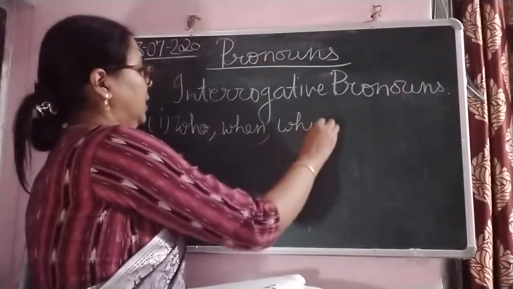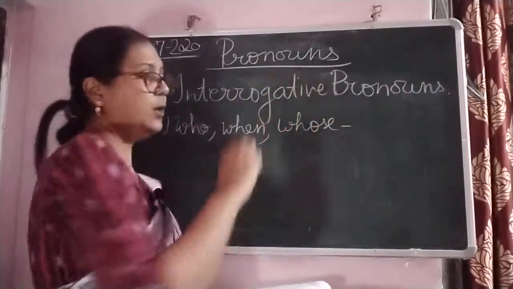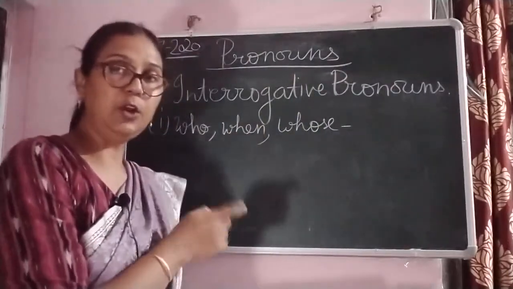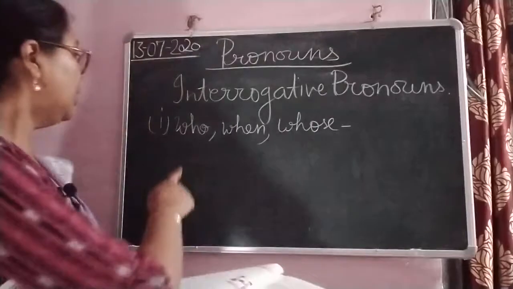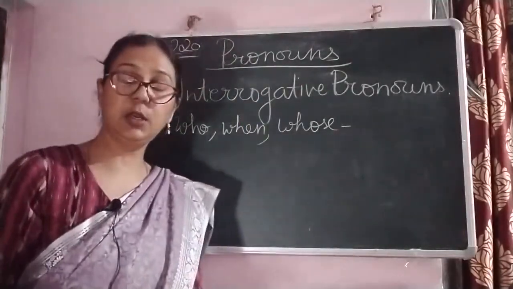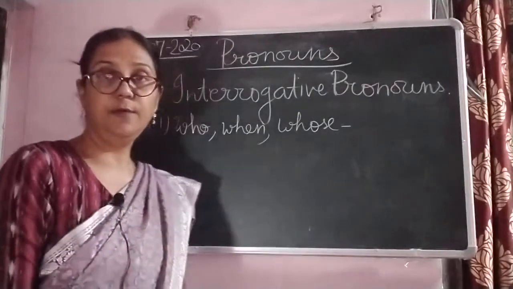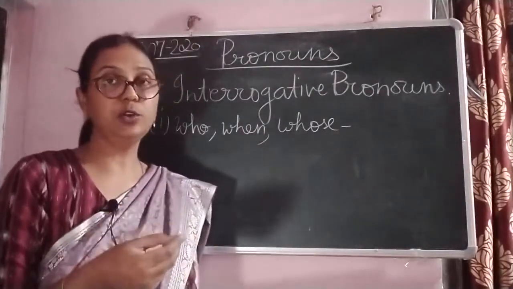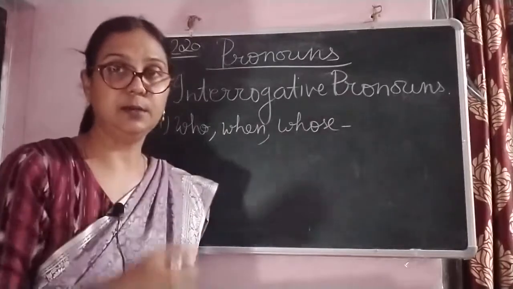And I am going to tell you how we are using these words to make interrogative pronouns. First of all, who, when and whose are used for asking questions about a person.